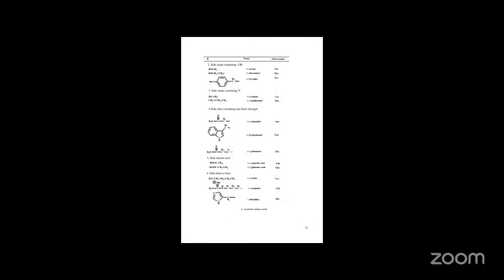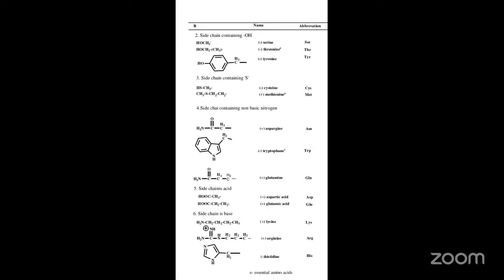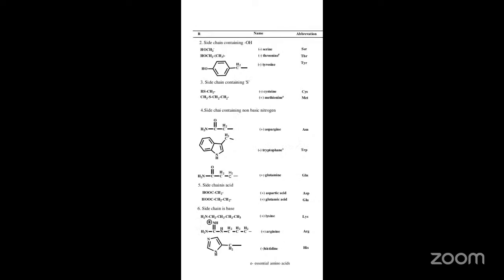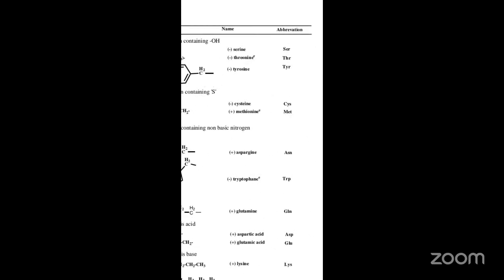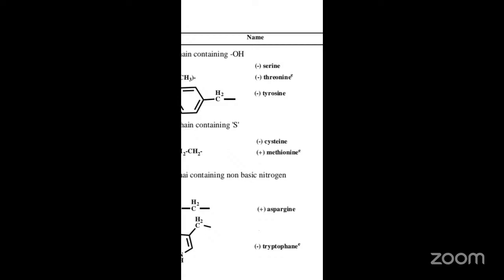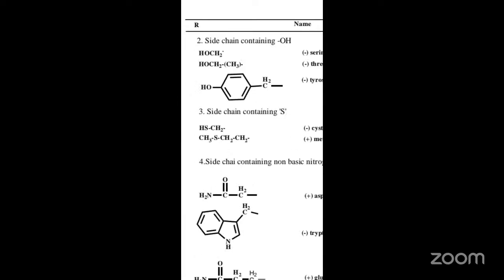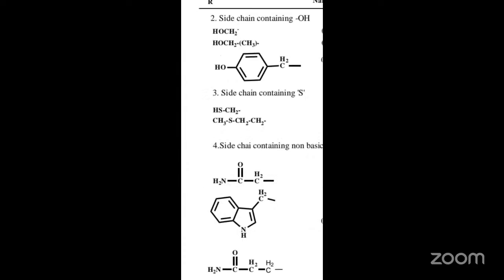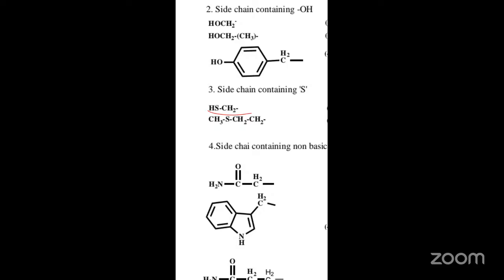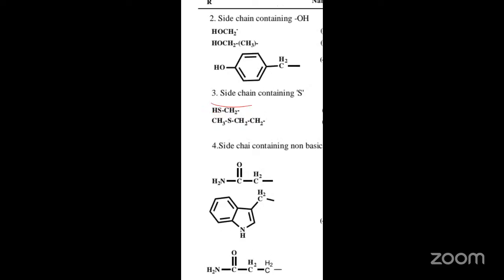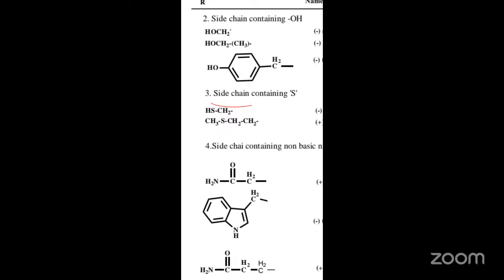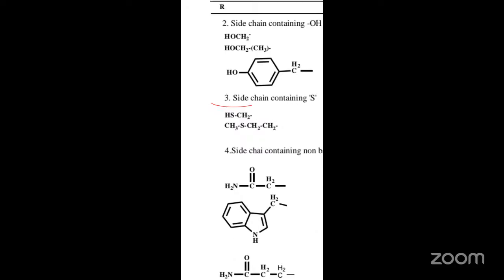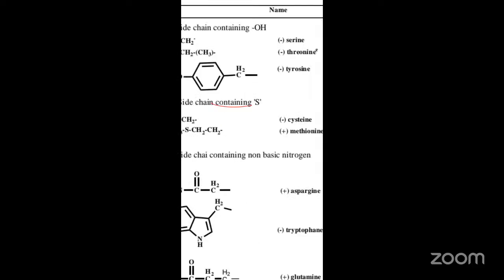And here some other amino acids are also there. So in this table, we have all the amino acid structures and their abbreviations here. And we have cysteine, right? So a very important thing here: cysteine is having the sulfur moiety, and methionine is also having sulfur here.